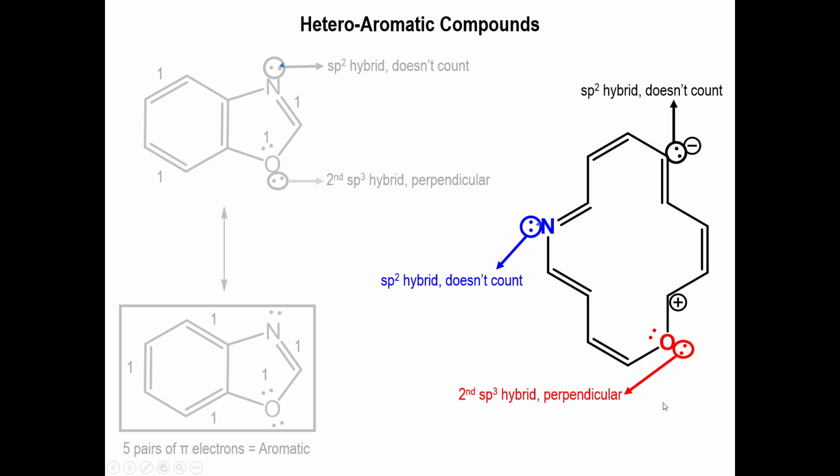With that in mind, just remember that the carbocation has no pi electrons there, so it's necessary to continue having full conjugation throughout the entire ring, but it doesn't have pi electrons. So you do the count around the entire perimeter of this molecule, and you see that you have 1, 2, 3, 4, 5, 6, and 7 pairs of pi electrons.